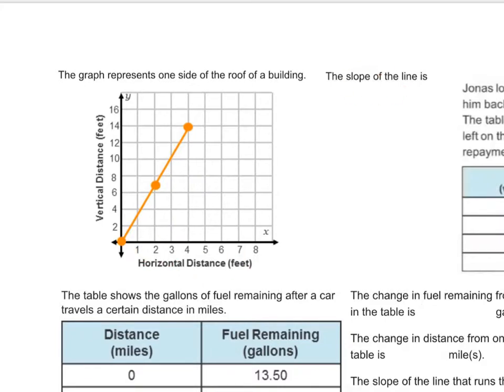Let's go from one point to the next. This looks like a change of 7 over a change of 2, so our slope, m, is equal to positive 7/2. Since it's going in this direction, I know it has a positive slope of 7/2.